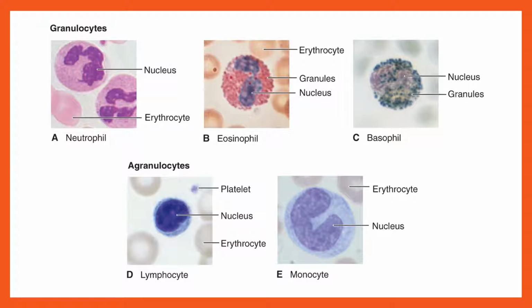And monocytes have a distinct U-shape; their nucleus has a U-shape. This is a depiction of different types of cells. On the background you can see these pale circles, which are the erythrocytes, not really defined in this picture from the microscope.